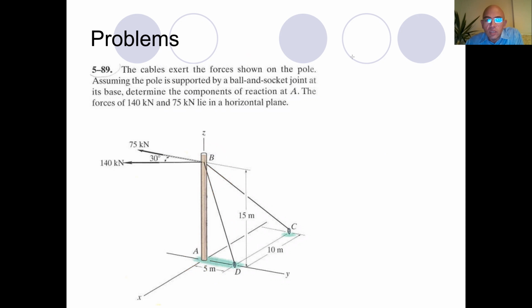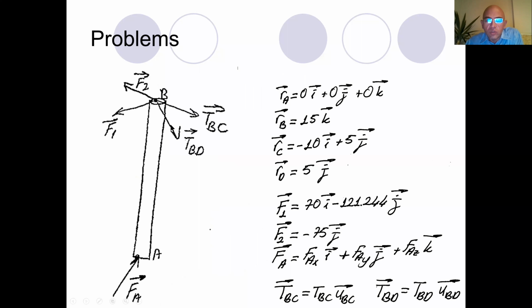Okay, so let's draw the free body diagram of the pole. First of all, I have F1 here, and then I have F2. I just give them names.